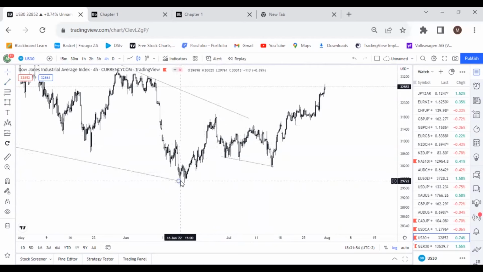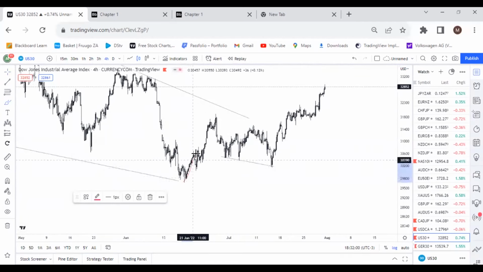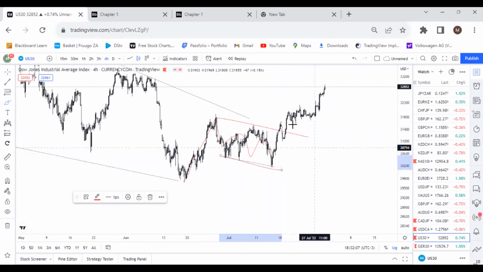So you can see right here, we sort of had a correction right after this huge impulse from the third touch. As you can see, let me just draw it out. A huge impulse, and then the price was just going sideways, meaning that this was the correction phase.